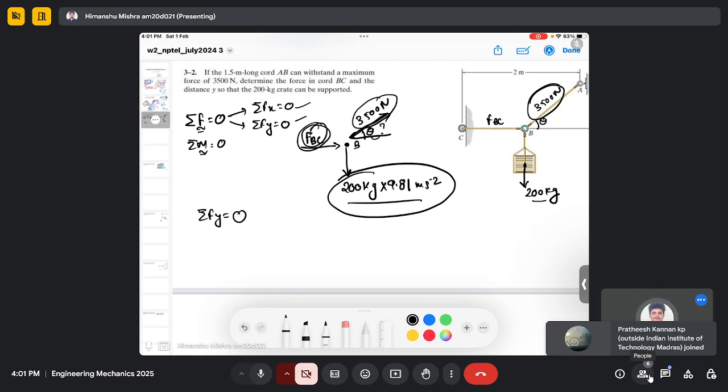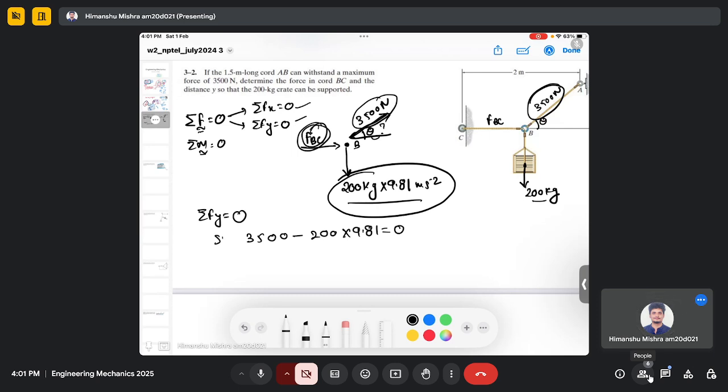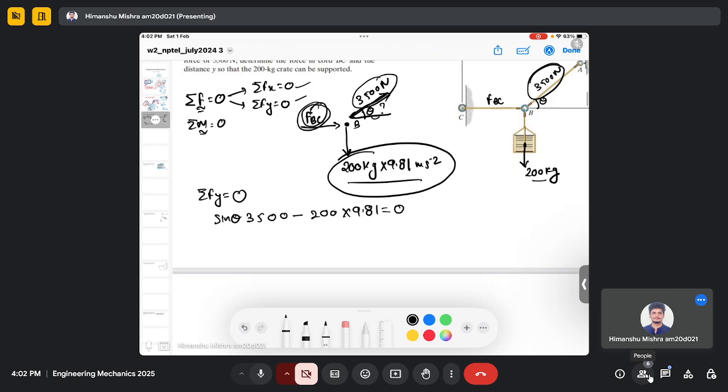So it will be 3500 sine theta minus 200 multiplied by 9.81 equals 0, where 3500 sine theta is the vertical component of the force. So sine theta equals 200 multiplied by 9.81 divided by 3500.